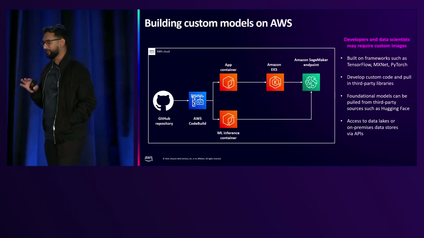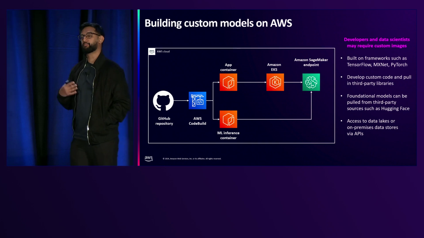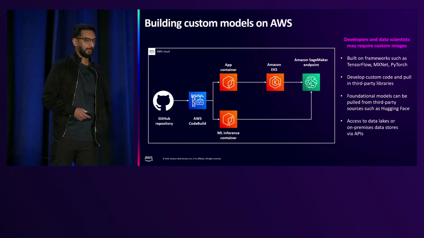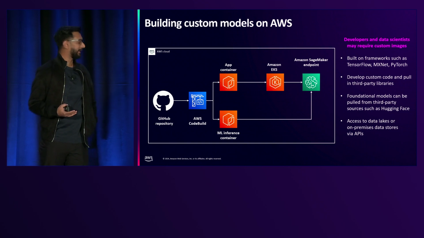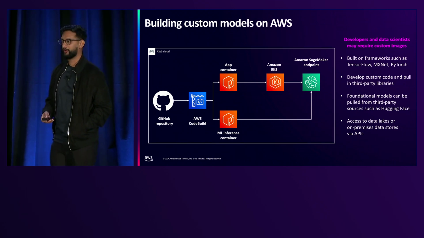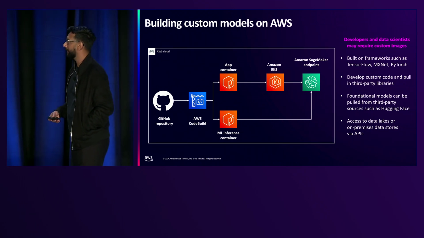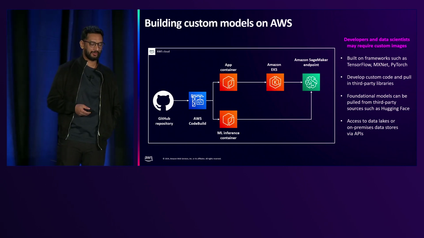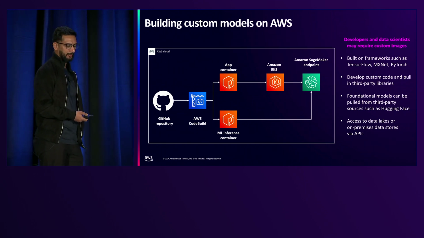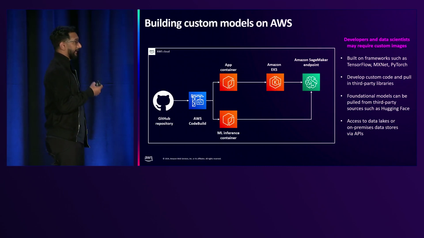I'm going to focus first on an example where you're building your own models. Typically, how this is done is a Git repository is a source of truth for all of your code and controls. Some of the frameworks that I use are things like TensorFlow, MXNet, and PyTorch in terms of building the model itself.